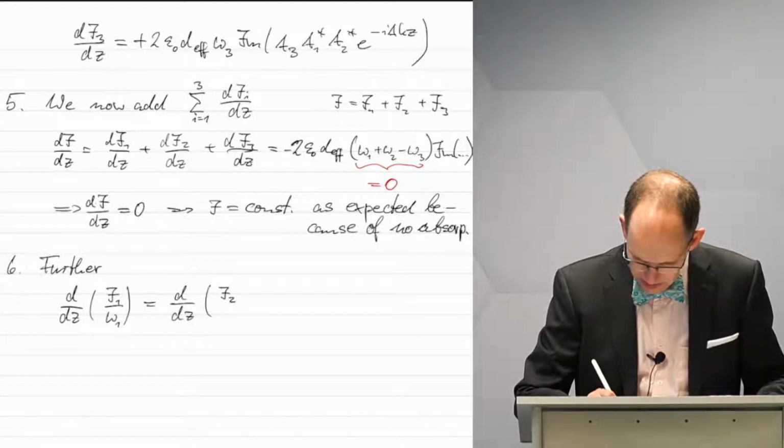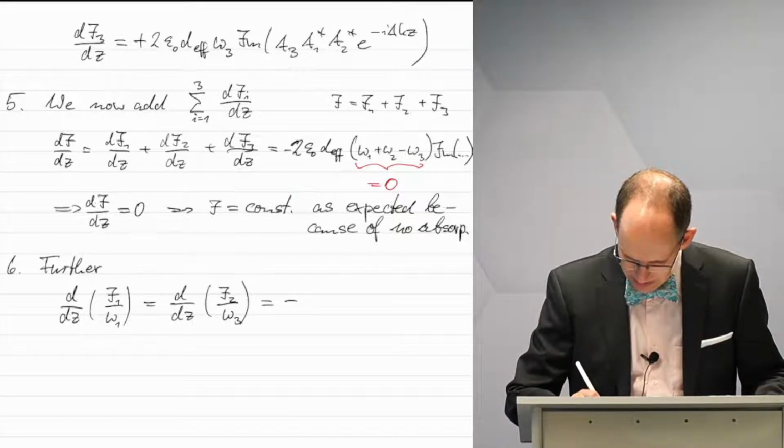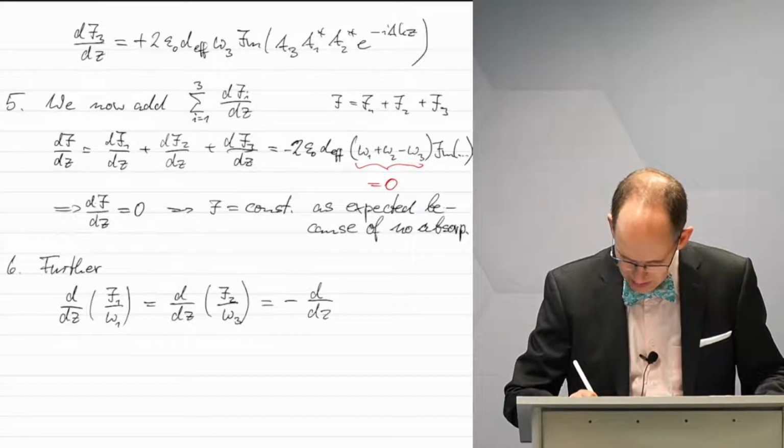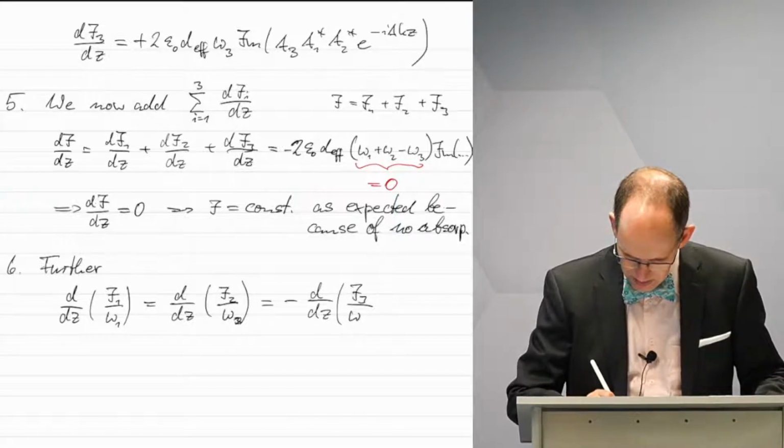Of course, the third one, omega 3, has a different sign. Now this is 2 here.